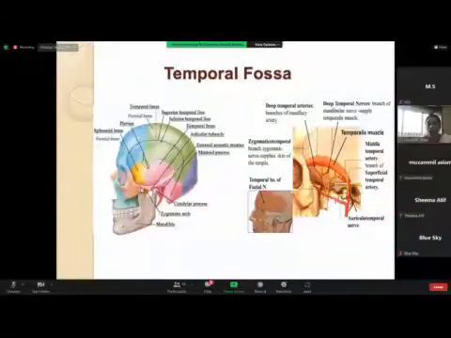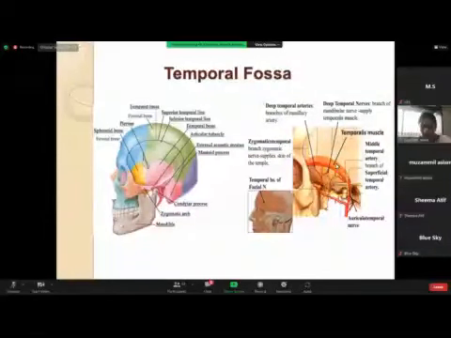This fossa comprises, first of all, the temporalis muscle. This is a large muscle, and we will talk about it in the muscle section. It is a muscle of mastication and covers the whole part of the temporal fossa.